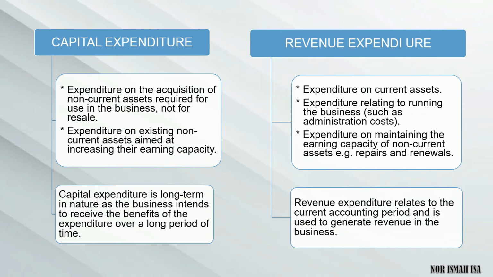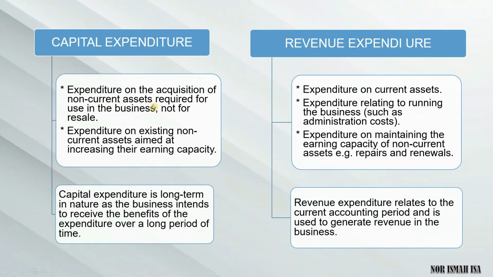For the non-current asset, you need to know about these two: capital expenditure and revenue expenditure. You already learned before what capital expenditure and revenue expenditure are. The capital expenditure is expenditure on the acquisition of non-current asset required for use in the business, not for resale.